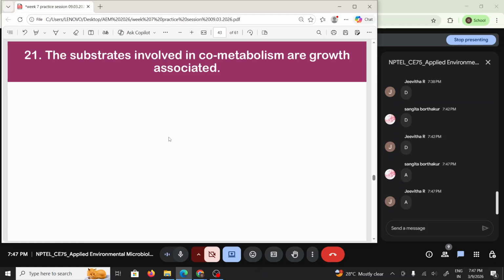Again, a true or false question. The substrates involved in co-metabolism are growth associated.